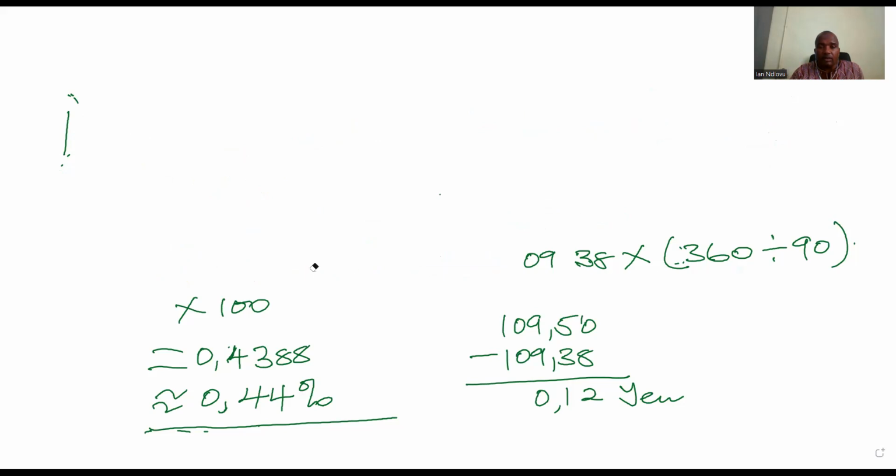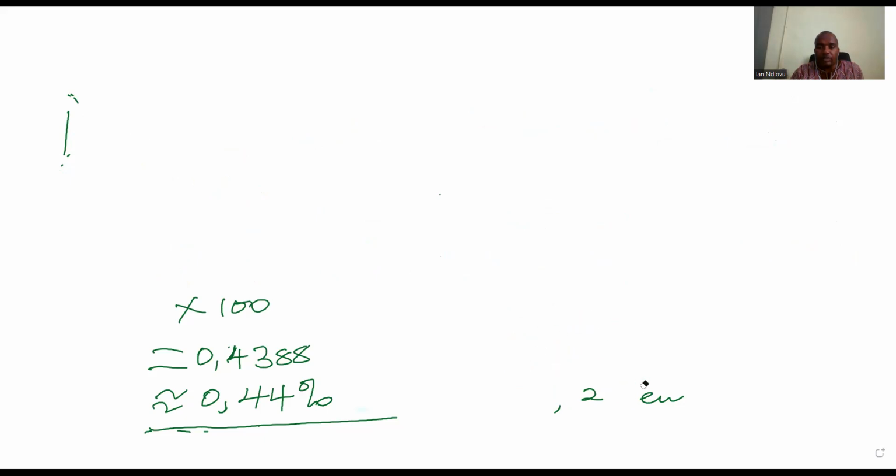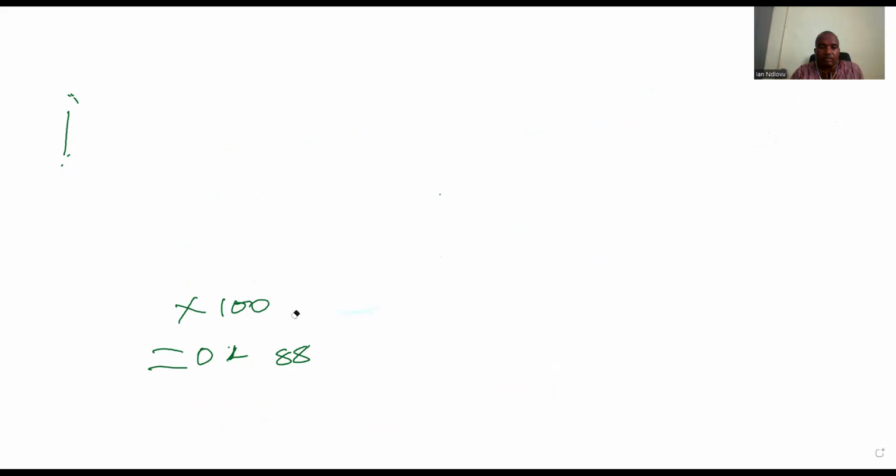The third scenario, I'll leave as homework for you, to handle and comment on. So we're going to the second scenario.